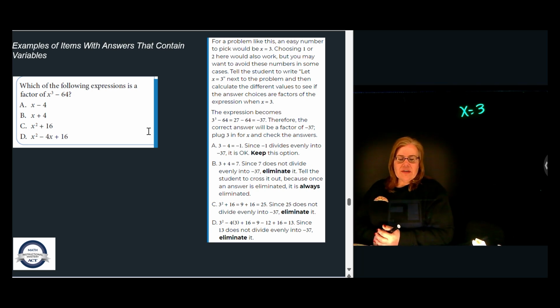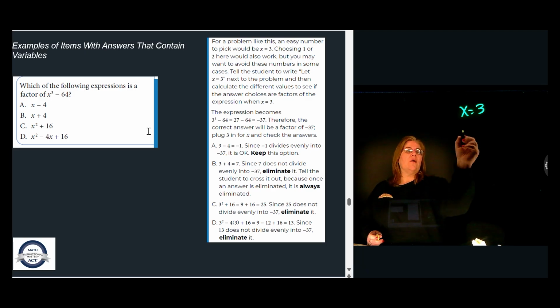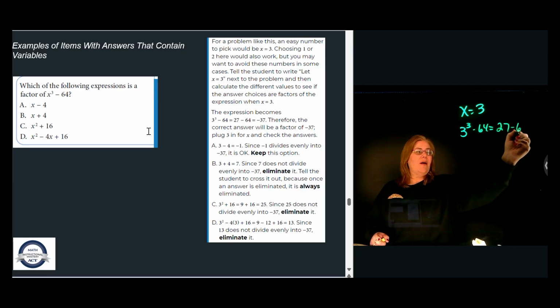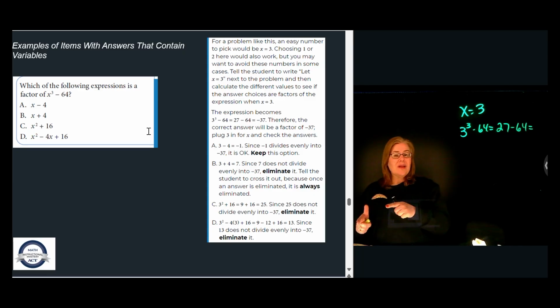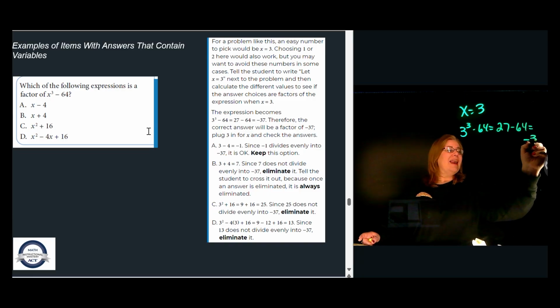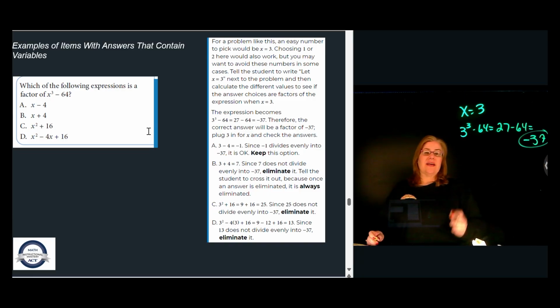So the first thing we want to do is 3 to the third minus 64. If you do 3 to the third, that's 27, minus 64. When you plug that into your calculator, you get negative 37.